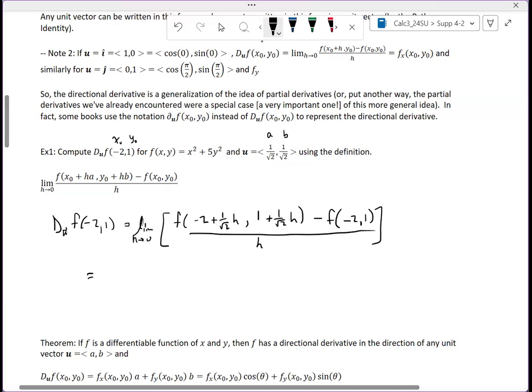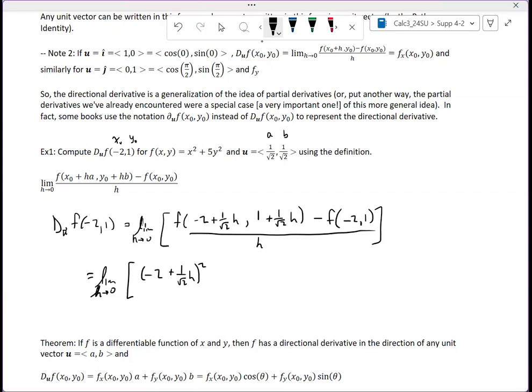Okay, so now what do I do? Well, now I have to evaluate f a couple of times. So f says square the first component. So I get (-2 plus (1/√2)h) squared, and then add 5 times the square of the second.